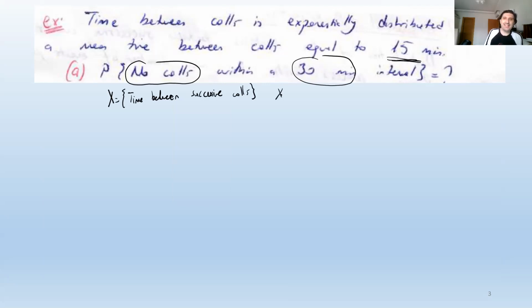Now, X is exponentially distributed. Do we know its parameter lambda yet? No. What we know here is the expected value of X. The expected value of X is given as 15 minutes.